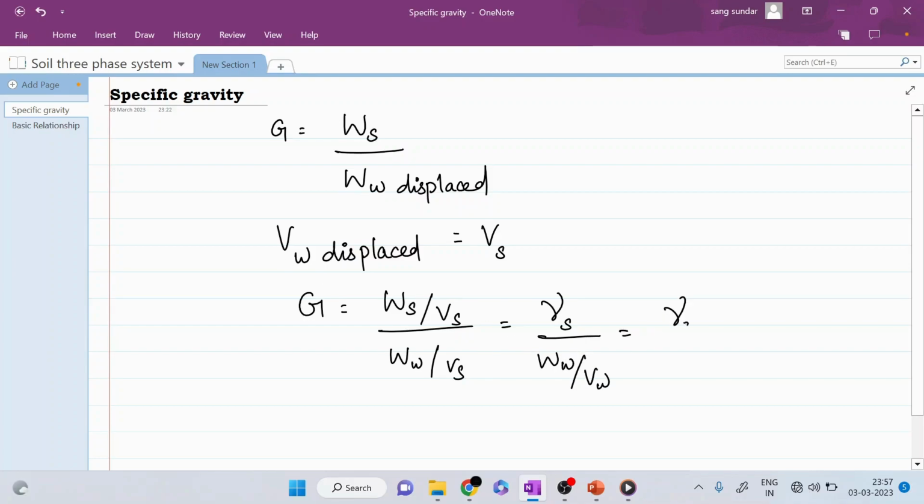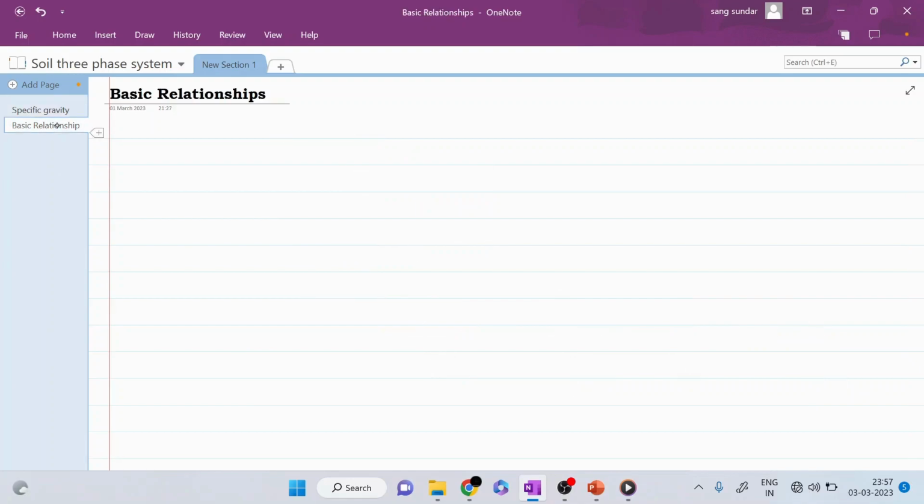Hence, unit weight of soil solids divided by unit weight of water. Or otherwise, we can write density of solids divided by density of water. Specific gravity is equal to density of solids by density of water also can be defined. Right? Now, let us learn some basic relationships between the terminologies so far we have discussed.